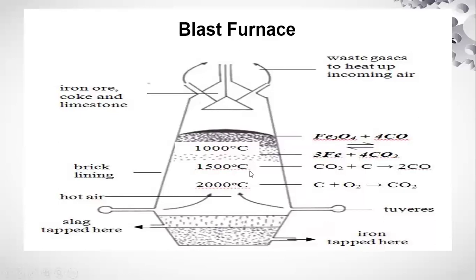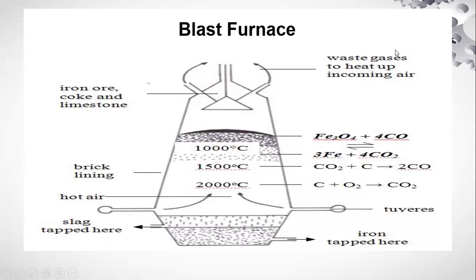At the bottom is where there are high temperatures, resulting in carbon dioxide, while in the middle this carbon dioxide reacts with the coke, which leads to carbon monoxide. And at the top, at about 1,000 degrees, the iron ore reacts with the carbon monoxide generated from the middle stage, leading to iron as the product and carbon dioxide gas.